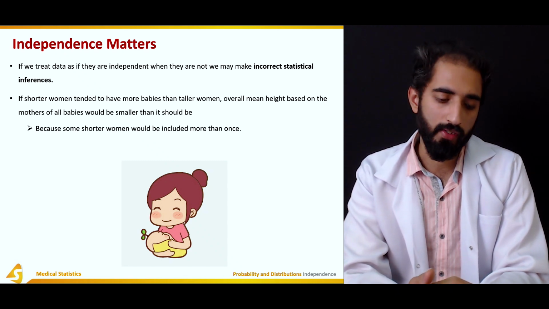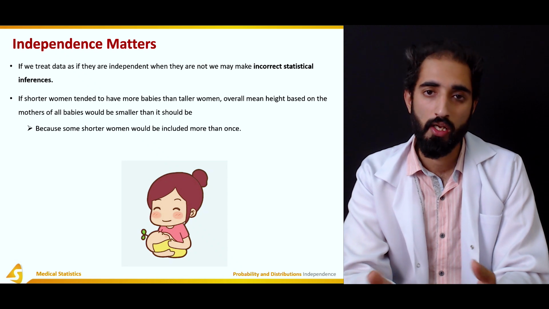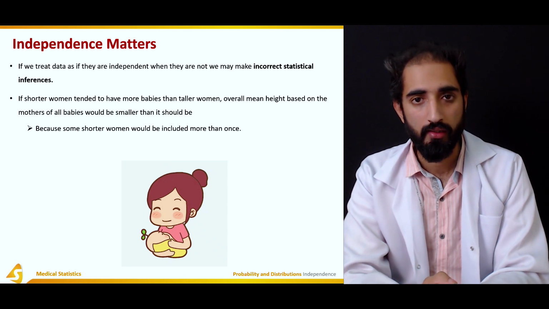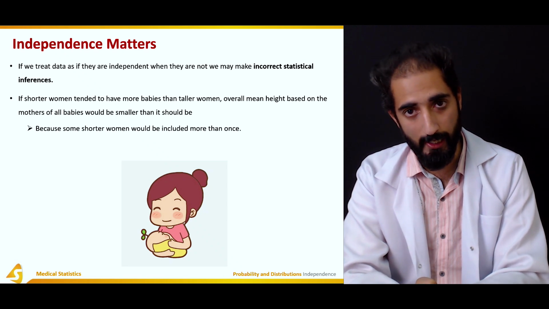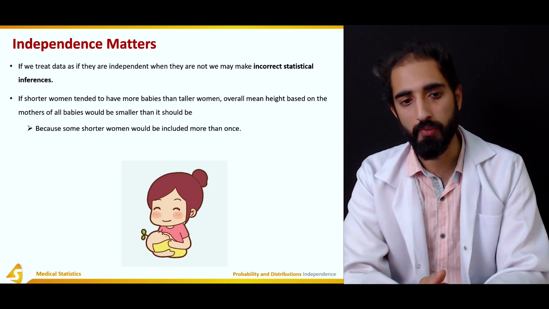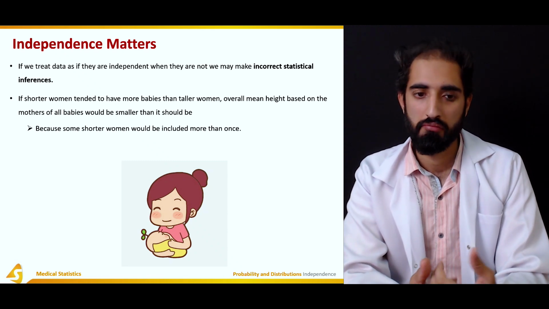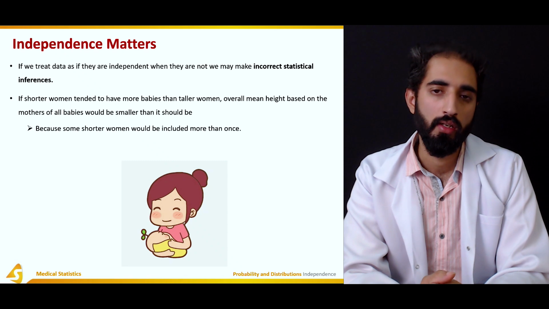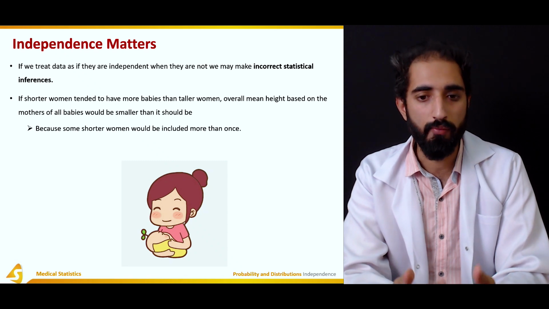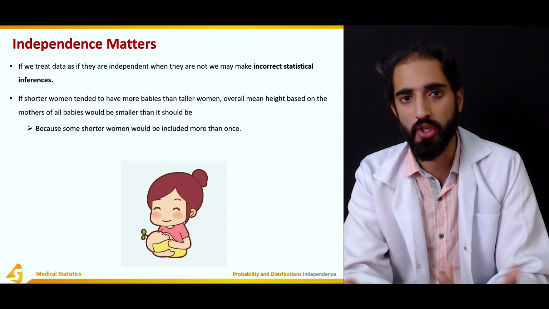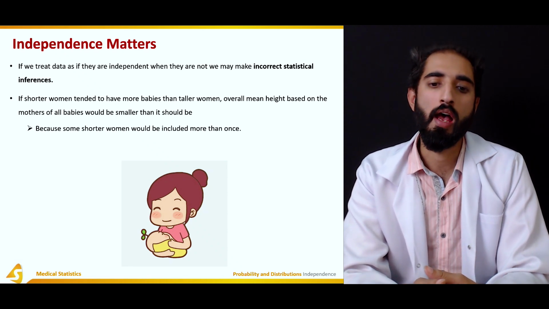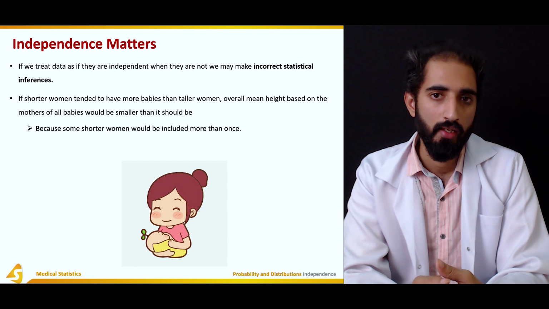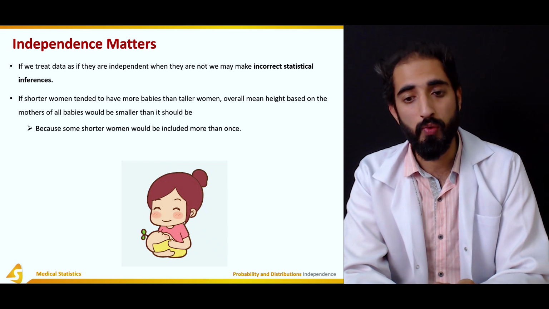Like, for example, if we take a simple population, we take the height of all the participants and then we divide by the total number, we get the mean height. But here it is possible that shorter women may have more babies than taller women. It's just a supposition.